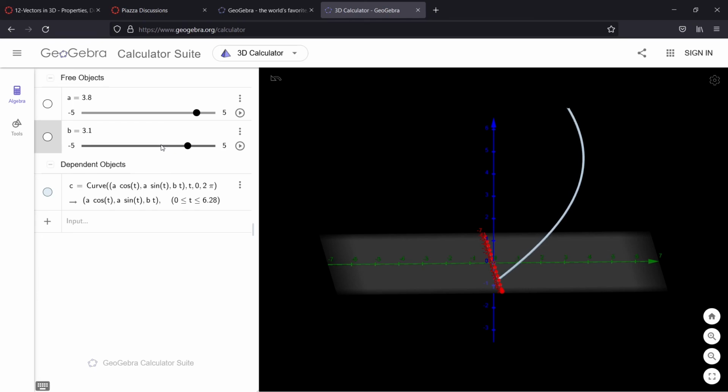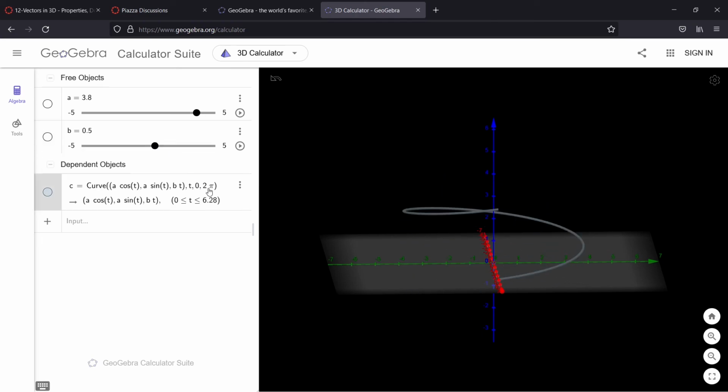The smaller b is, the closer to 0 b is, the closer this helix is going to be to just the circle. And at b equals 0, you get exactly the circle. If b is negative, you get a negative helix.